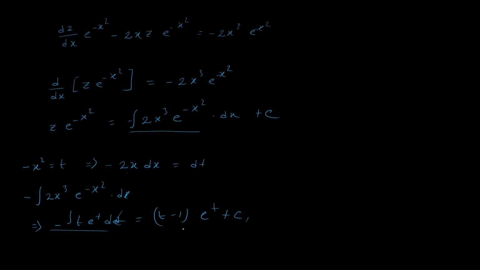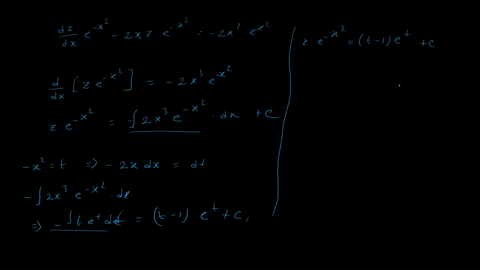If we put this in that term, we can write that z e to the power minus x square is equal to t minus 1 e to the power t plus c.